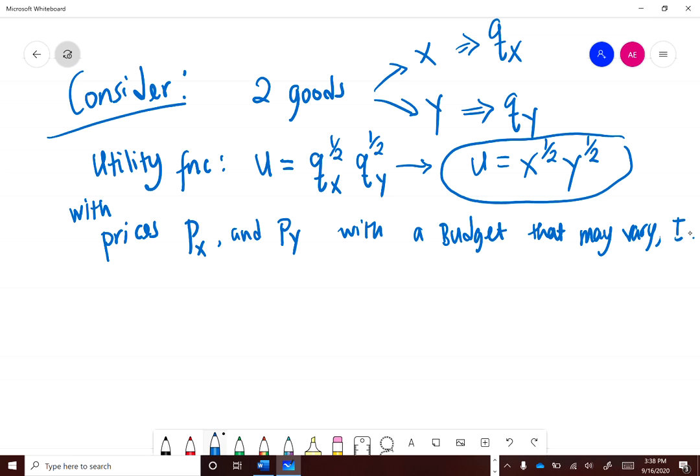So with this information here, we can write out the consumer's budget constraint.